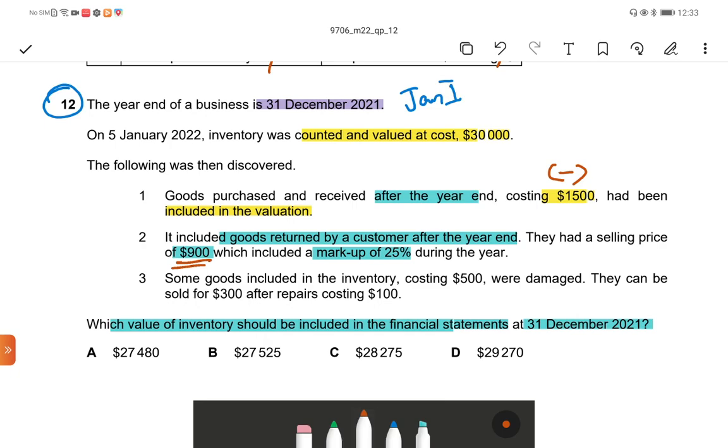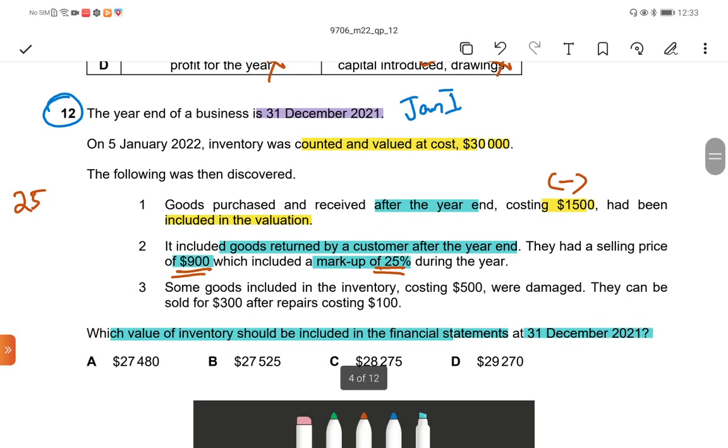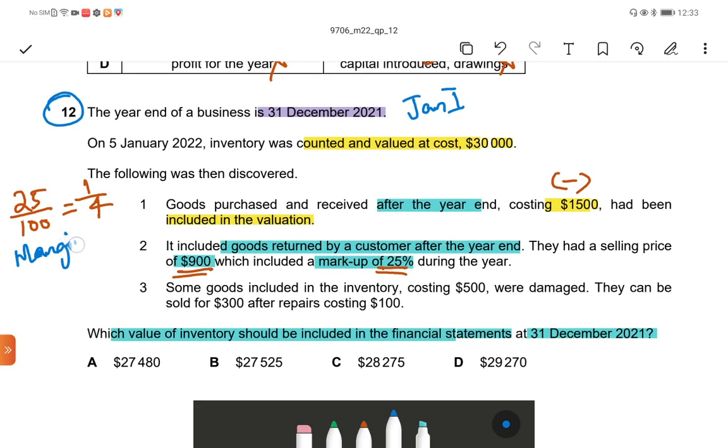Markup is given as 25%, 25 divided by 100 is equal to 1 by 4. If markup is 1 by 4, margin is 1 by 5.